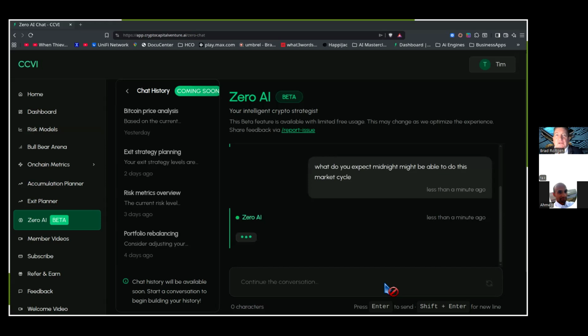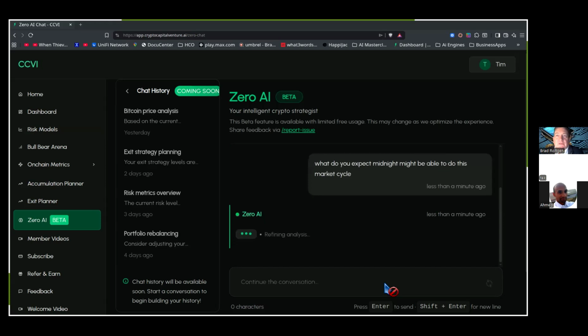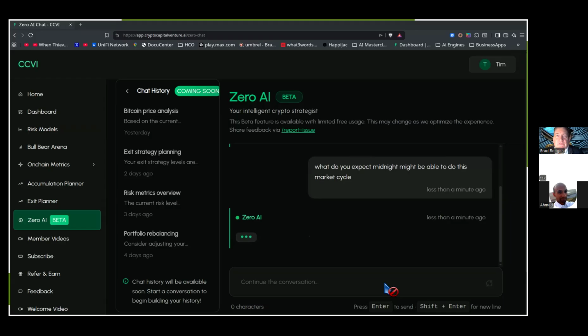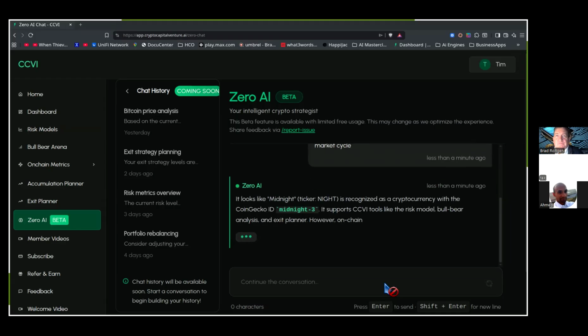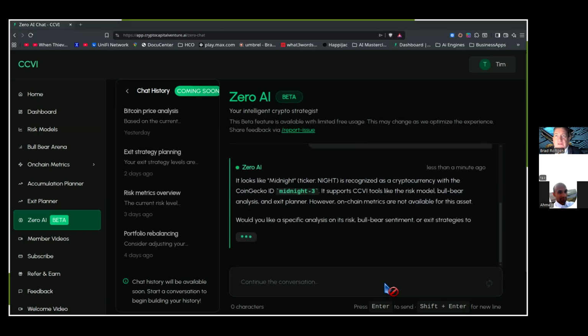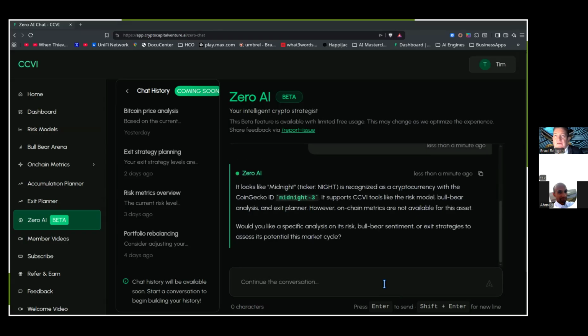When we're done here, I'm going to see if you have any more questions or comments. Yeah, see, because there's no on-chain metrics, it's impossible for it to predict. Yeah, it's too new. Okay.